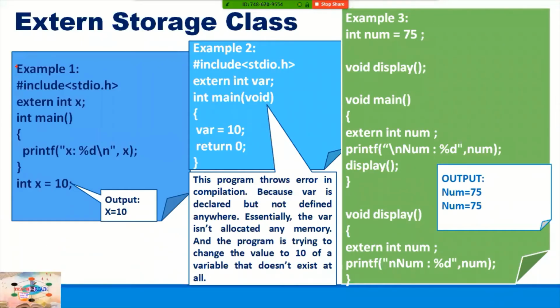In this example, one variable is qualified as extern type, and it is defined outside of the main.